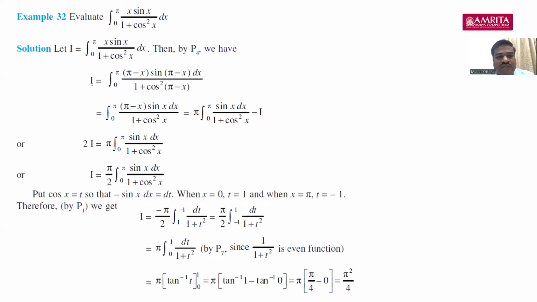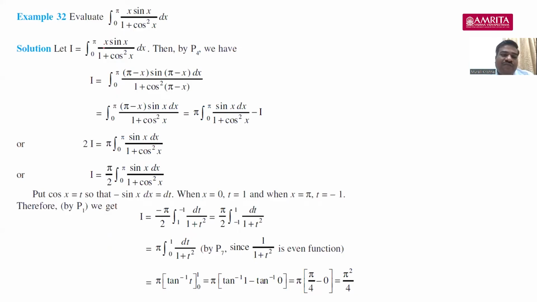Whenever you use P3 or P4, there is a possibility that in the simplification, I will be present again in some manner. So once you simplify these terms, if you notice, x is replaced with pi minus x.